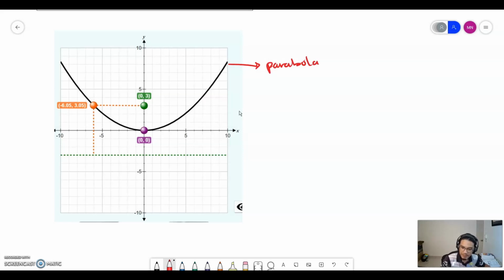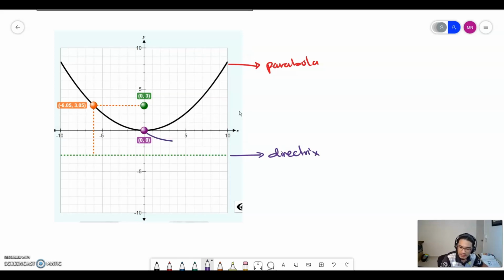In a parabola, we have a few components that we need to identify. This dotted green line is called the directrix, which will appear in front of the parabola.